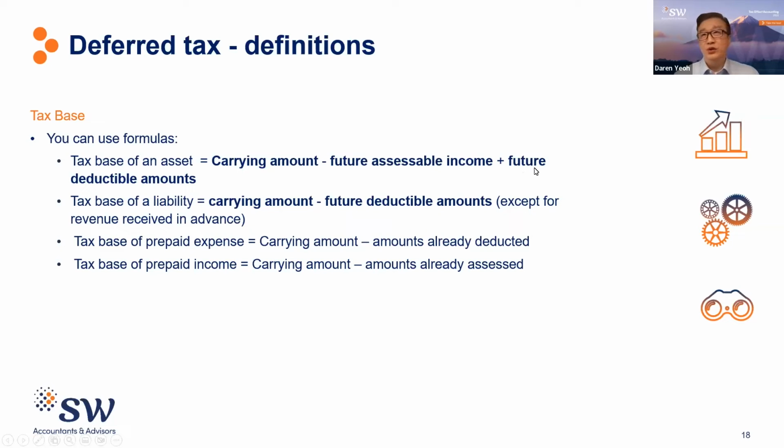And then you add the future deduction that you'll get from those assets. For the tax base of the liability, you start with whatever you have on your trial balance, and then you subtract the future deduction that you're going to get when you pay out that liability. And you can also see calculations, the formulas for prepaid expenses and prepaid income.